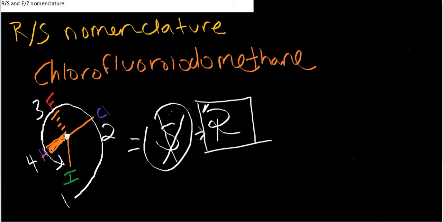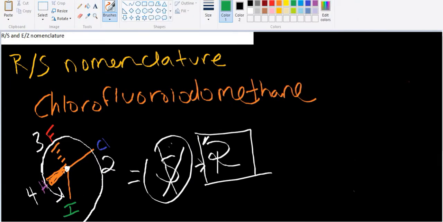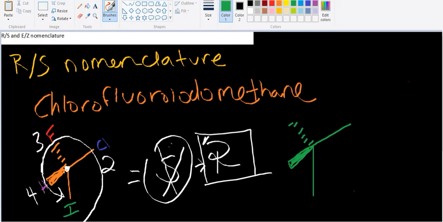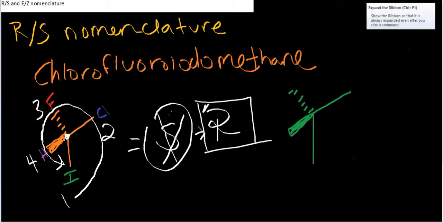And the R molecule of chlorofluoroiodomethane looks like this. I'll draw this, just in case you're asked to draw R chlorofluoroiodomethane, which I doubt, but you never know. So your fluorine will be here.